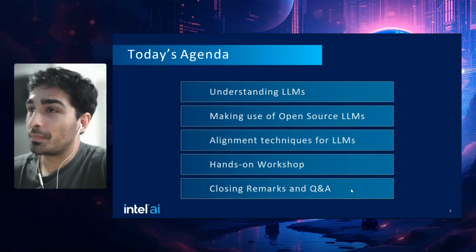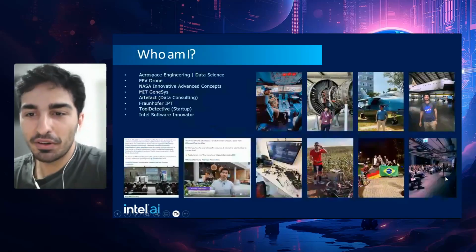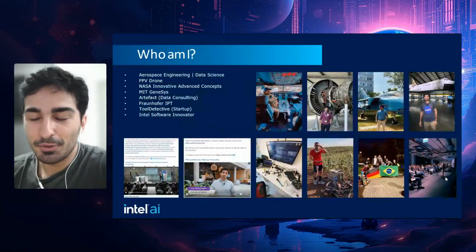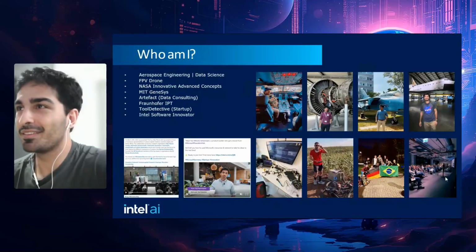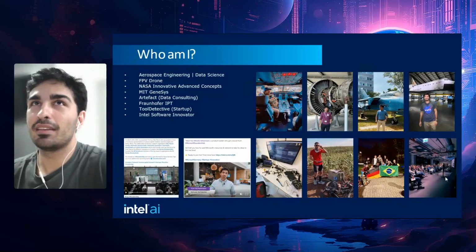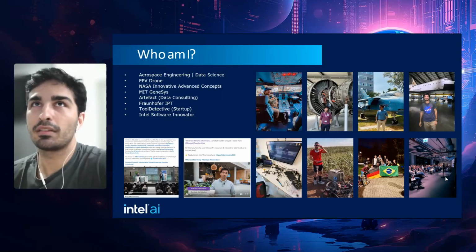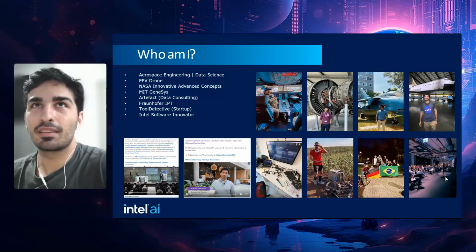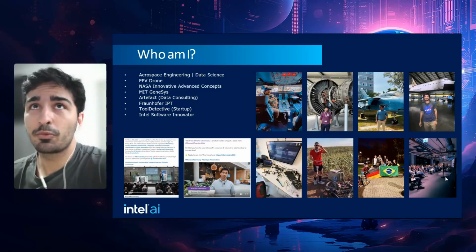As we are gonna spend a couple of hours here together, I thought it was polite to introduce myself a little bit more than Sri did. As he said, I'm an aerospace engineer. I'm also a data scientist. I love FPV drones. I did some projects with NASA, NIAC, Innovative Advanced Concepts, with a lab from MIT.